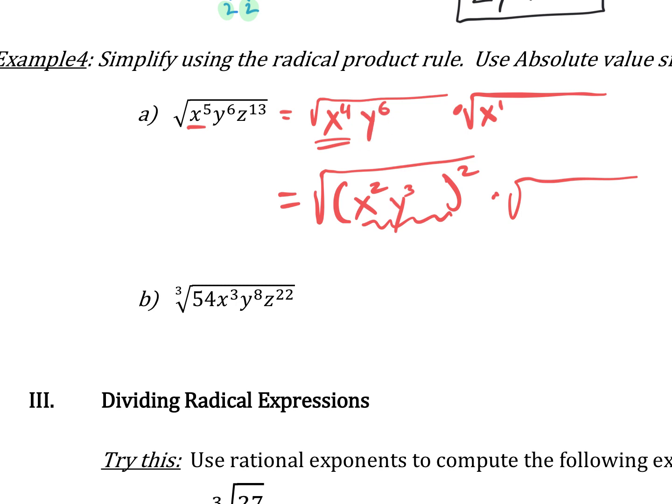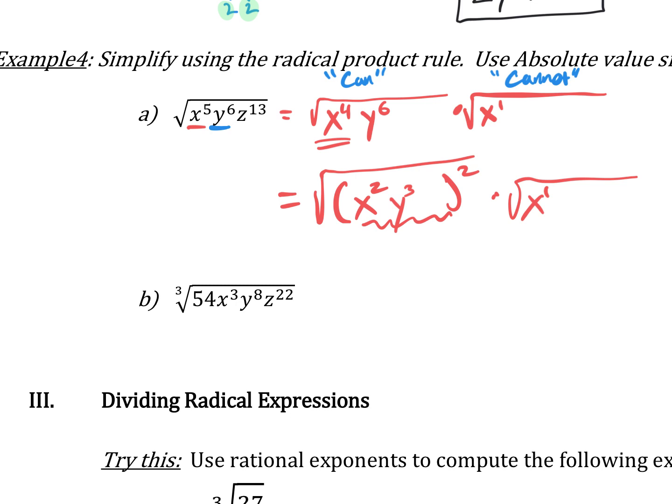So we can simplify y to the 6th. We can simplify x to the 4th. Now, I have 5 x's in my whole expression here, so I'm going to have 1 x left over in the cannot be simplified. So I like to think of this as the things we can simplify, and these are the things we cannot. Just like we did with the numbers a little bit ago. So, all right, we've broken up the y's, we've broken up the x's.